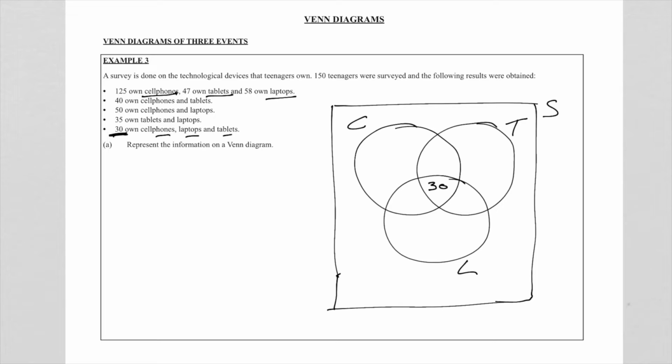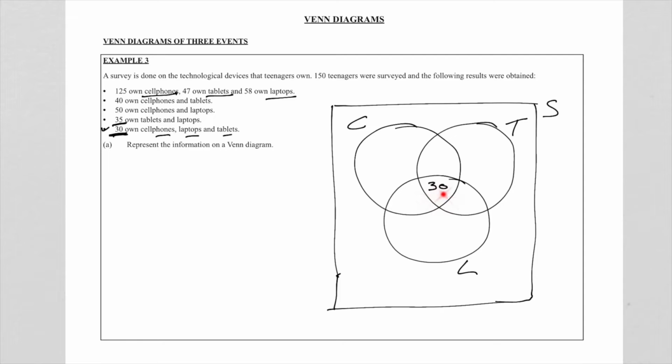Now we go to the next one, and I'm just going to tick this one. So now I look at this 35. The 35 own tablets and laptops. So that means tablets and laptops, that is the intersection, that must be a total of 35.